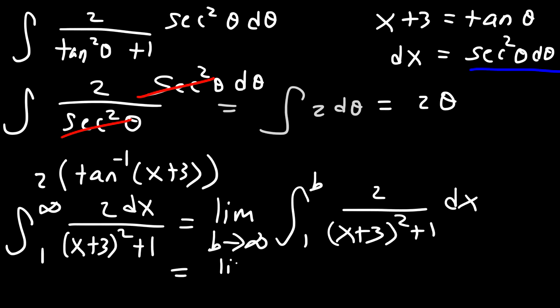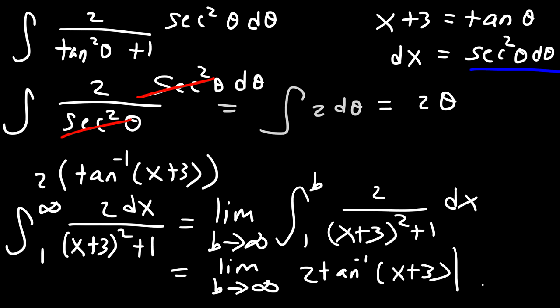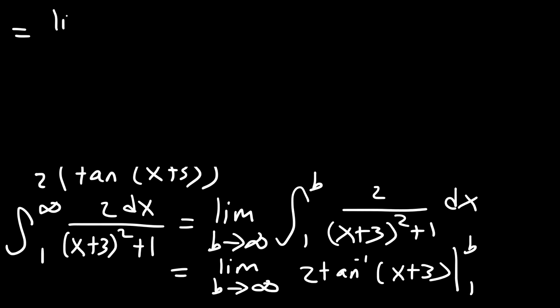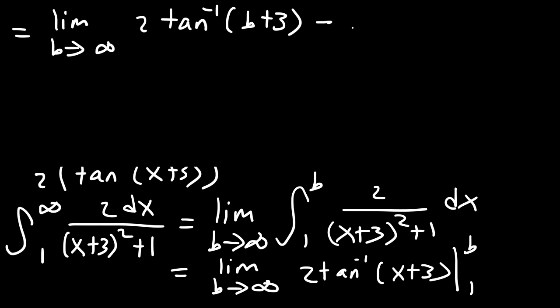So this is going to equal the limit as b approaches infinity of 2 times arctangent x plus 3 from 1 to b. And so that's the limit as b approaches infinity of 2 arctangent b plus 3, minus 2 arctangent of 1 plus 3, which is 4.